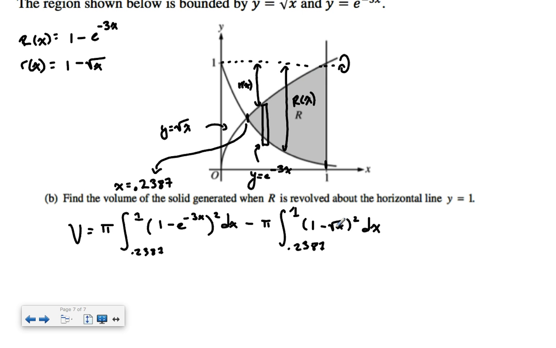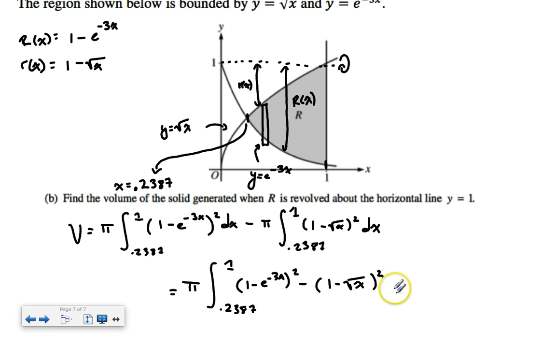And actually what I'm going to do is rewrite it as one integral to make it a little bit easier so that we can put it in the calculator. So it'll be pi times the integral from 0.2387 to 1. I'll combine each one, so it'll be 1 minus e to the negative 3x squared minus 1 minus the square root of x squared dx.